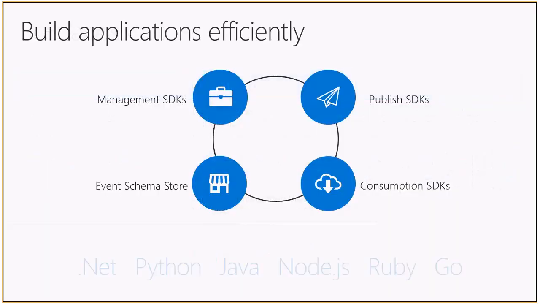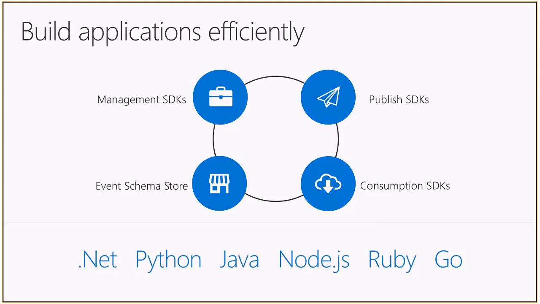So there are various types of SDKs available on top of the Azure portal management. For Event Grid, there are management SDKs, and publishing and consumption SDKs for various languages: .NET, Python, Node, Ruby, and Go.